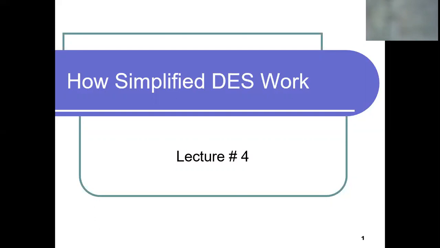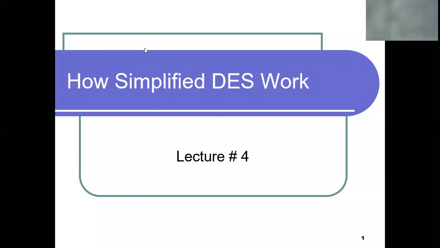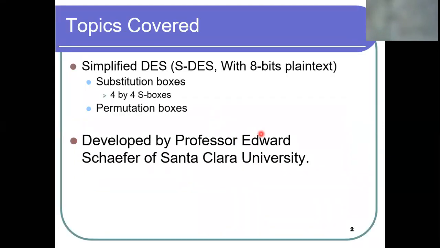Today we will cover DES and its small variant, which we call simplified DES. Let us come to the idea. Simplified DES consists of an 8-bit plaintext and substitution boxes of 4 by 4. There are two substitution boxes that map 4 bits onto 2 bits.